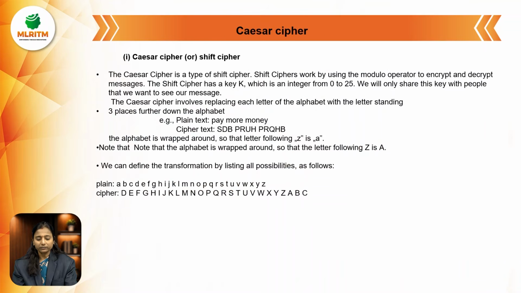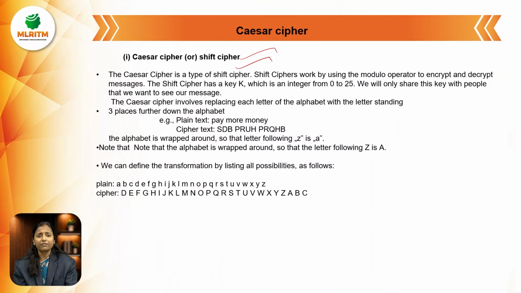First we will go for the Caesar cipher. The Caesar cipher is also called a shift cipher. The shift ciphers work by the modulo operator to encrypt and decrypt messages.